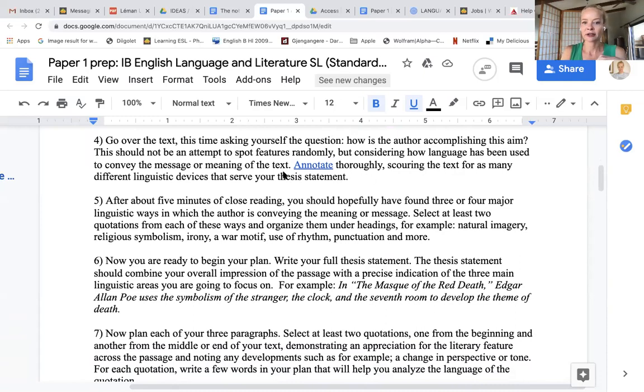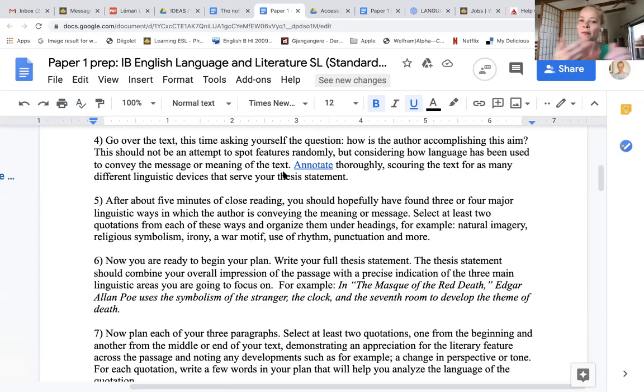I have another link here for how to annotate. That's another video. But you want to read through and comment on the most important parts, maybe ask yourself some questions, identify some phrases or literary devices in the text, and look for patterns. Most of all, look for patterns. Does the author use a certain motif? Does the author use certain symbolism or metaphors?